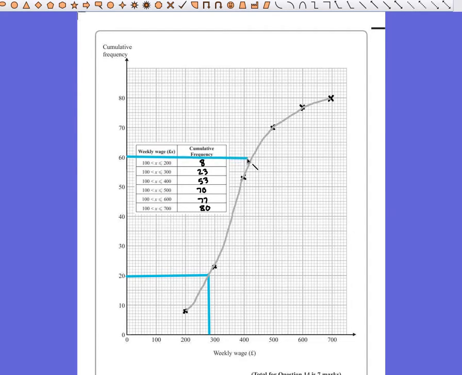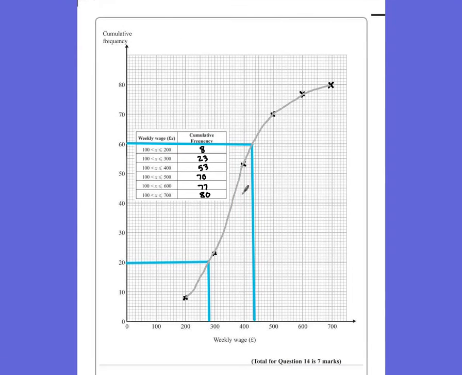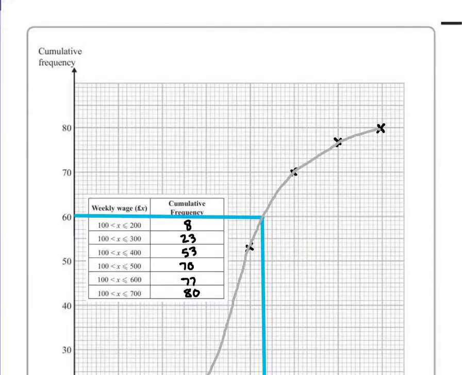Draw a line across to the graph and then down to find out that your upper quartile is going to be about 430. Now your graph might be a little bit different depending on the accuracy of your lines and where you've drawn your curves. They will accept this as long as you show where you get your values from. So we have a difference between 430 and 280. I have to remember this one as we move back to the other page.